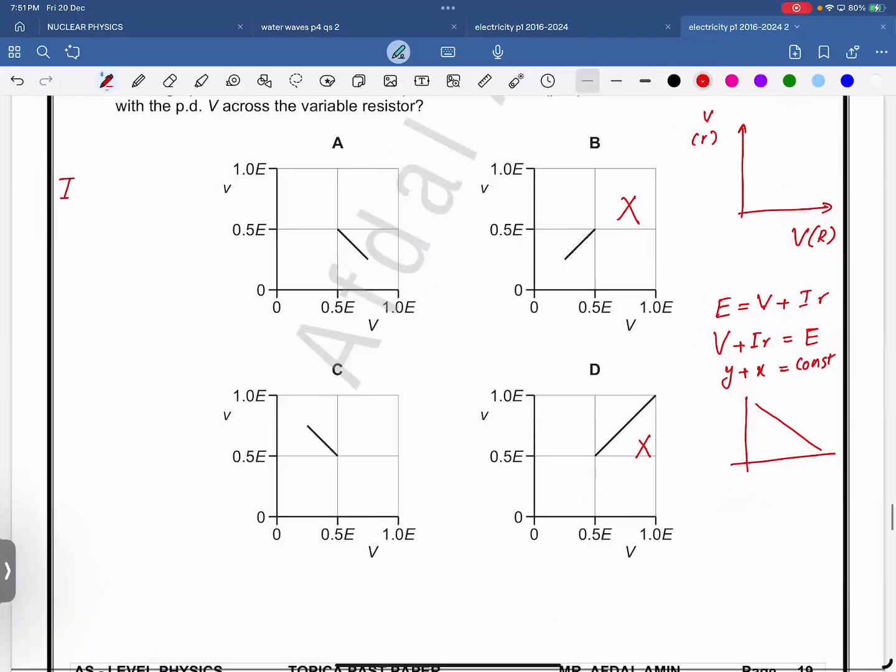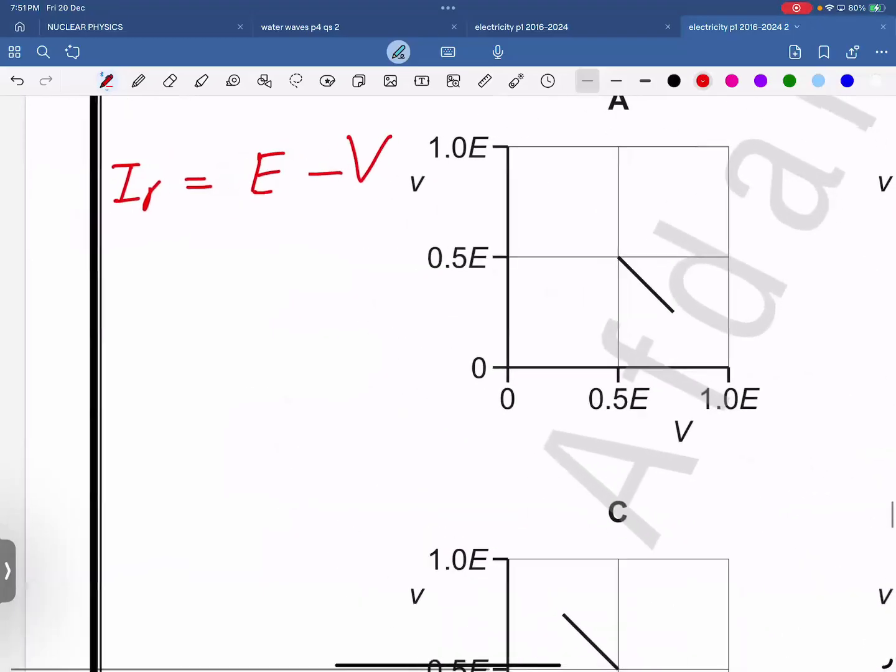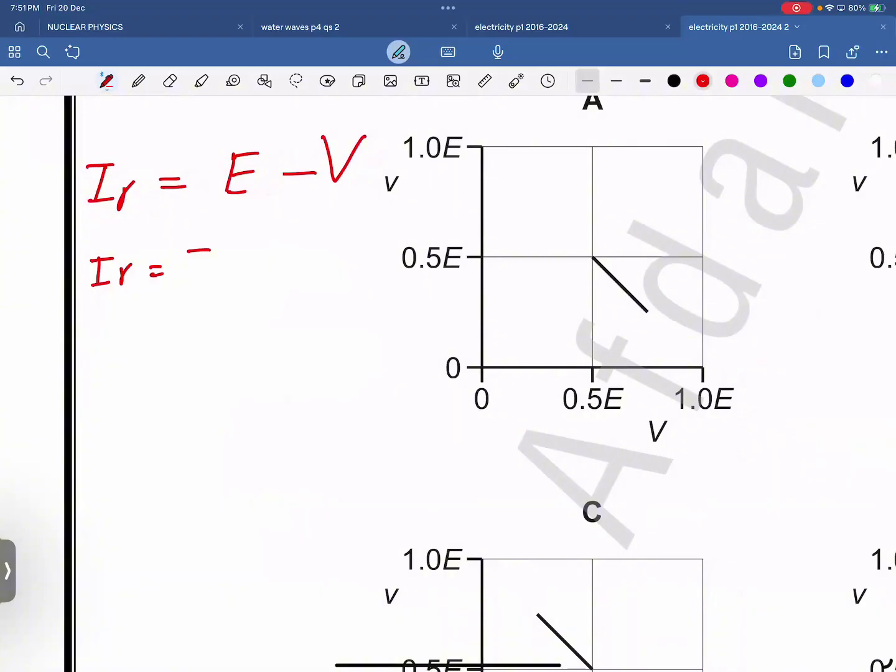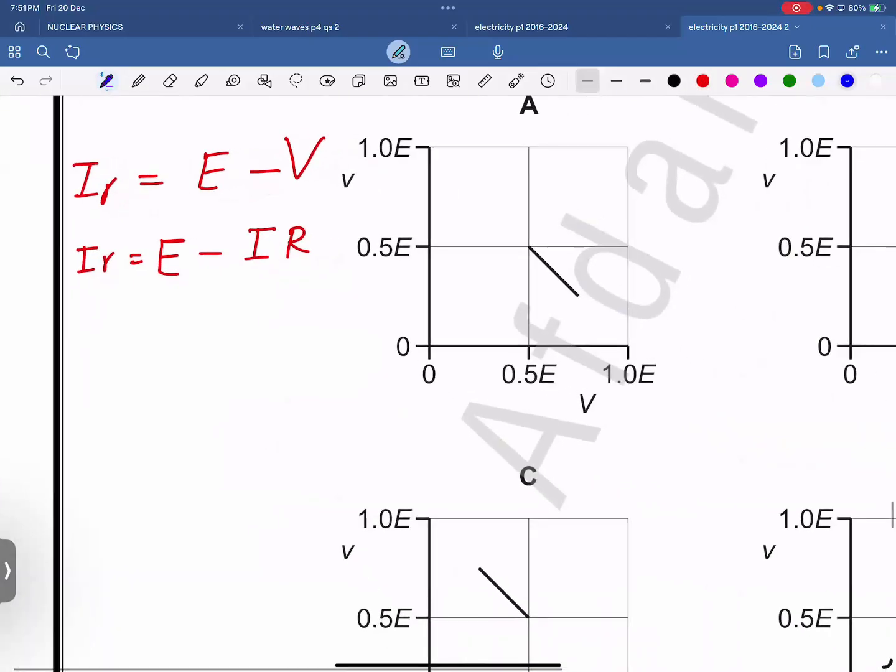IR is equal to E minus I capital R. Now capital R is increasing. So the y-axis will be decreasing, because the quantity to be subtracted is more, so the difference will be less. When their resistances were equal, the PD was also equal. So initial was this one.